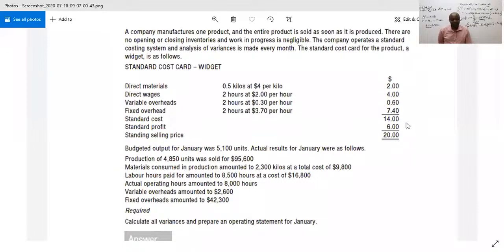Robert is asking, what about fixed overheads volume variance? Fine, we are not yet there. Remember, you are a cost accountant, a management accountant. In management accounting, how do you ascertain your costs? First of all, you start with materials. You go to labor. From there, you go to variable overheads. After you finish variable overheads, now we go to fixed overheads.